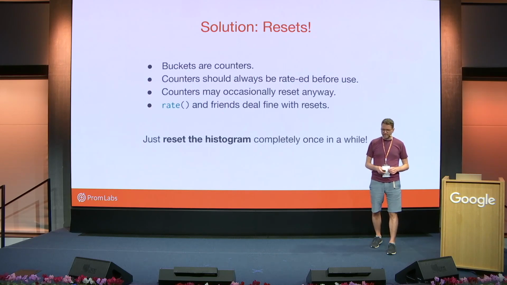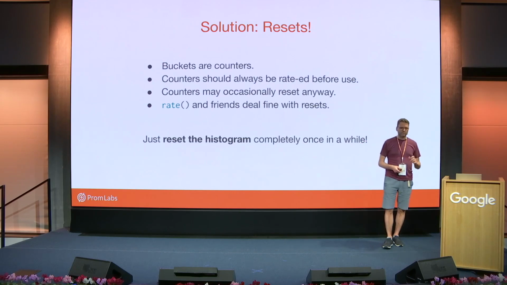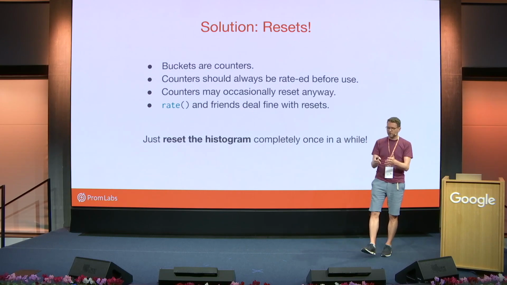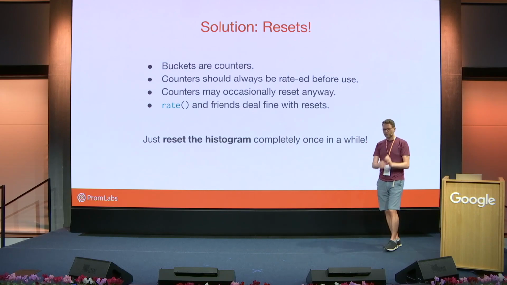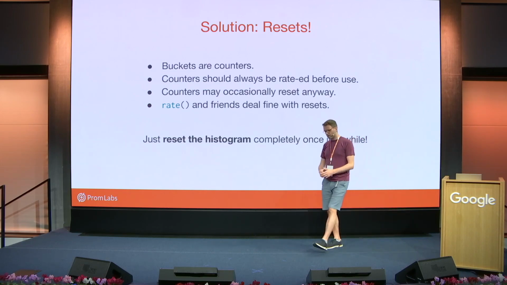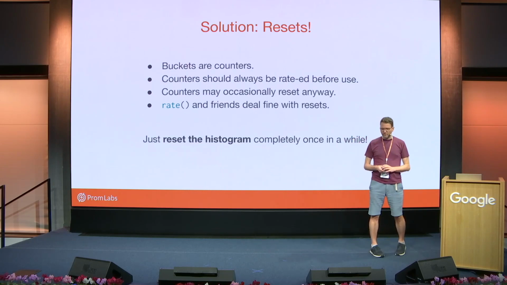In practice, yes. We can just reset the entire histogram once in a while, because every histogram bar is conceptually a counter. Even if it's no longer a single time series, it's still a counter. And before you do anything with a counter, you need to take a rate of it anyway, or an increase or irate.